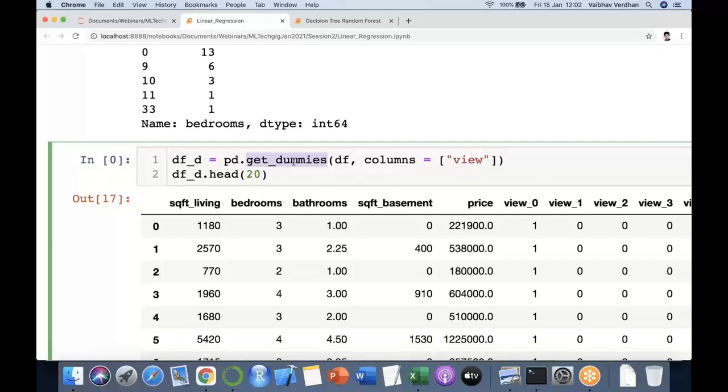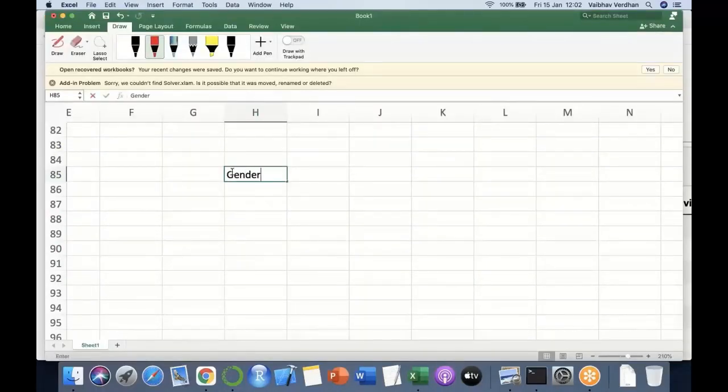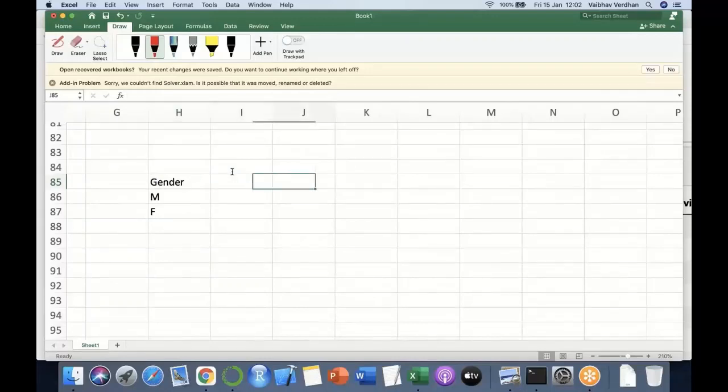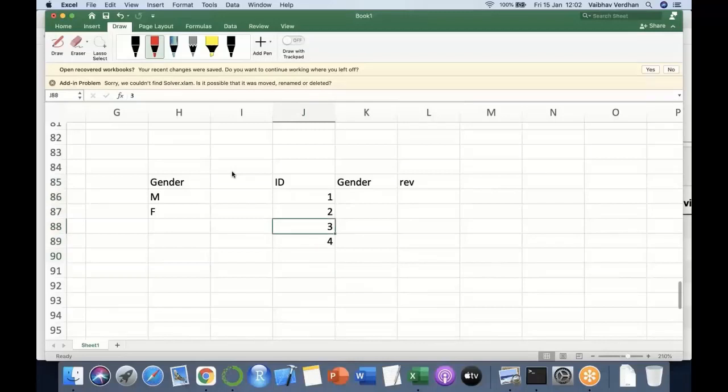One-hot encoding: let's say you have a variable gender, male and female. You cannot pass gender as a variable to your model, and that is why you use one-hot encoding. Let's say your data set has ID, gender and revenue: IDs 1, 2, 3, 4, gender male, female, male, female, revenue 100, 111, 102, 103.